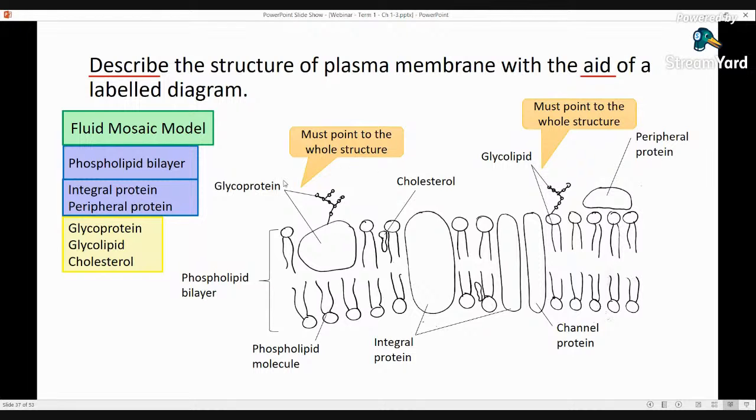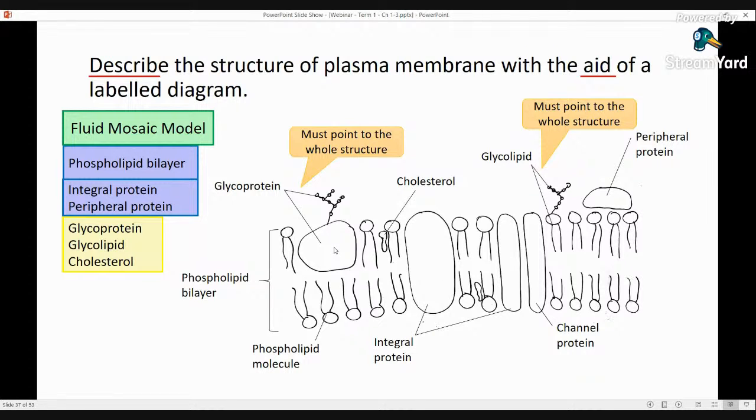In your diagram, you must have the phospholipid bilayer, phospholipid molecules, integral proteins, peripheral proteins outside the membrane, which can face toward the aqueous environment or cytoplasm, glycoprotein, glycolipid, and cholesterol.